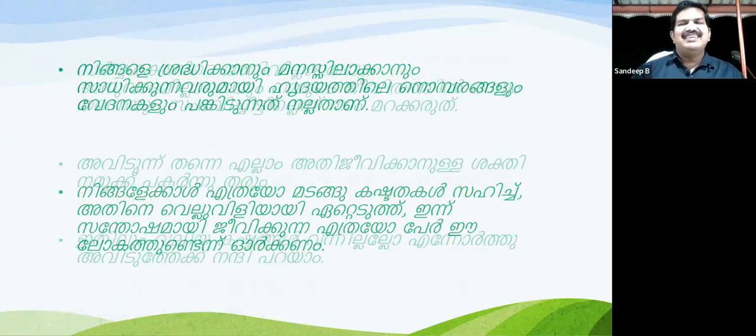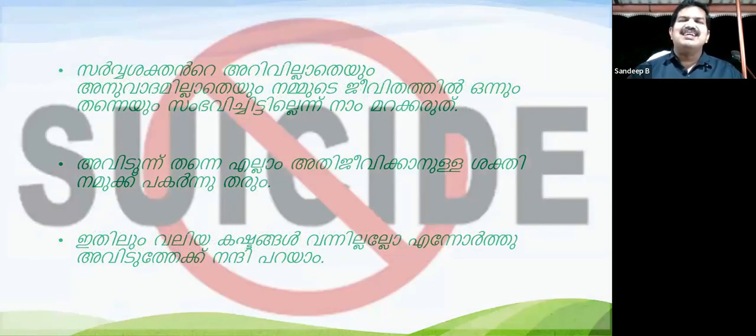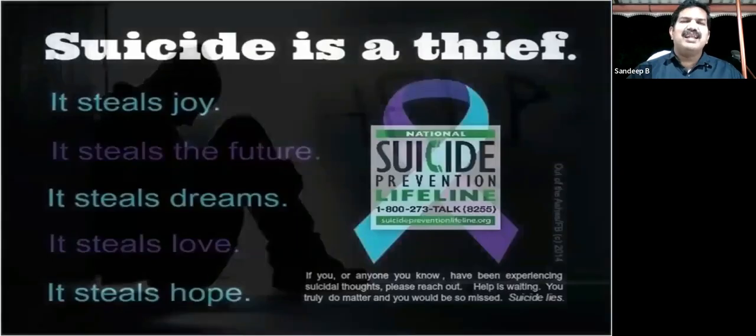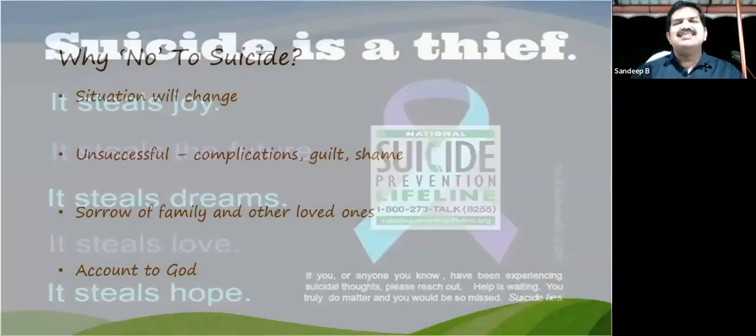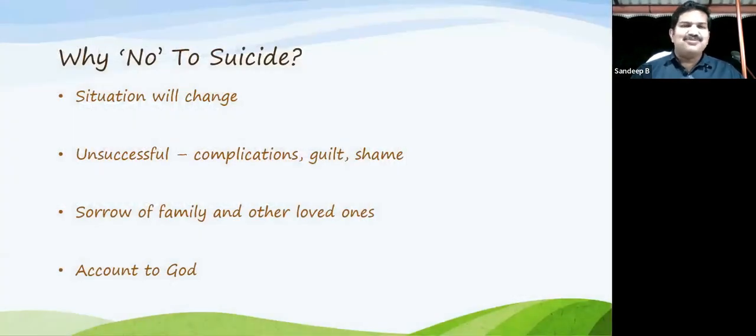And there is the point about suicide being a cry for help. The situations will change. These are the four things I usually say when people talk about suicidal tendency, and whatever situation they feel hopeless in, it will of course change. Even if you attempt suicide and it is unsuccessful, there would be medical complications, guilt and shame.